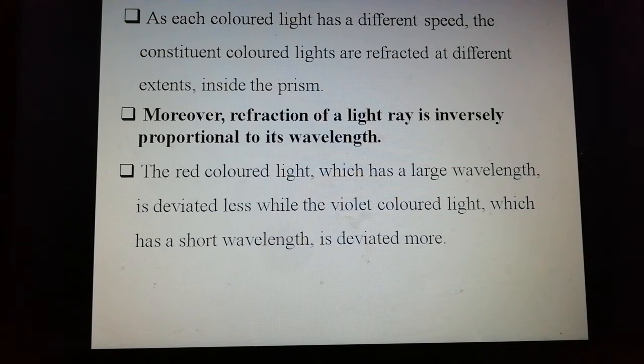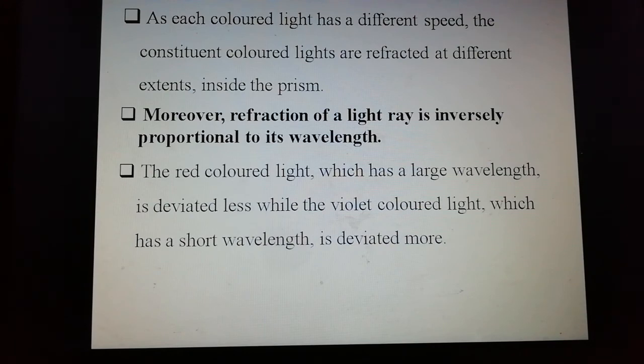So shorter wavelength is deviated more, but longer wavelength is deviated less. Red color light, large wavelength, deviated less, but violet color light, shorter wavelength, deviated more.